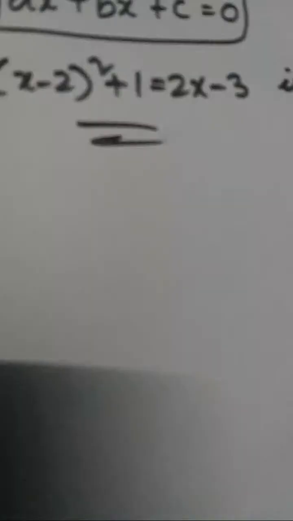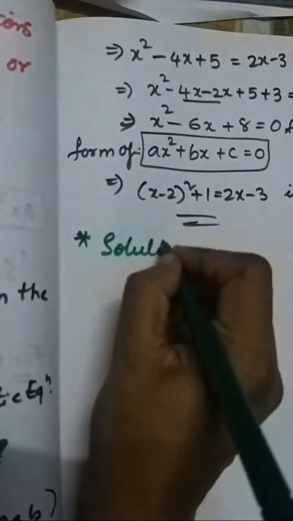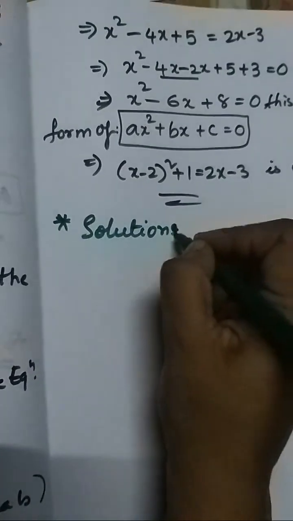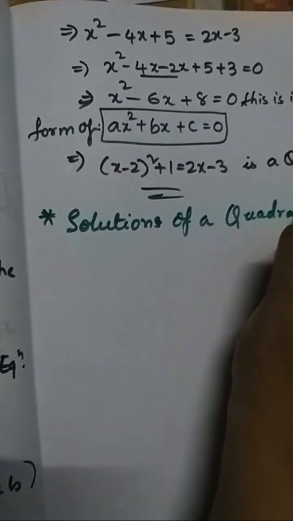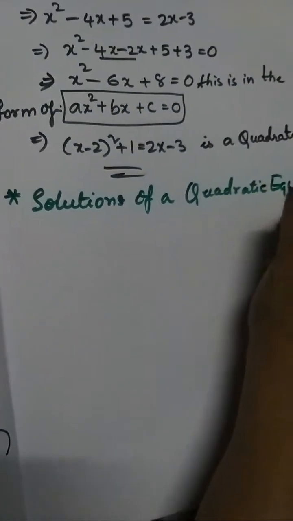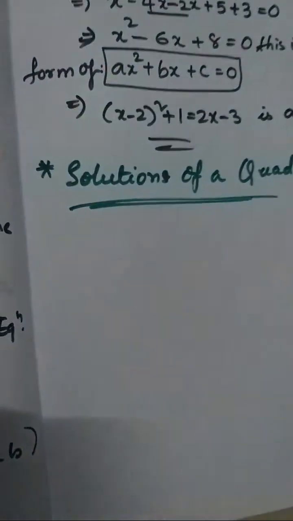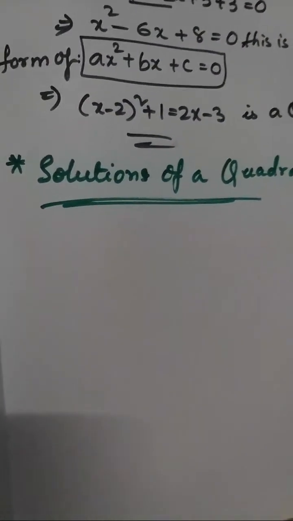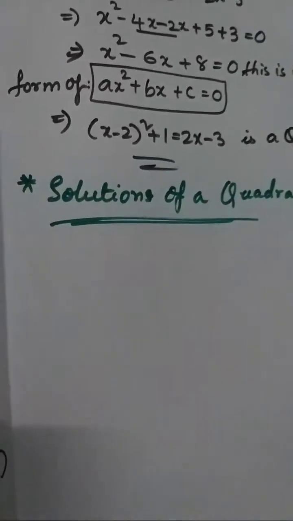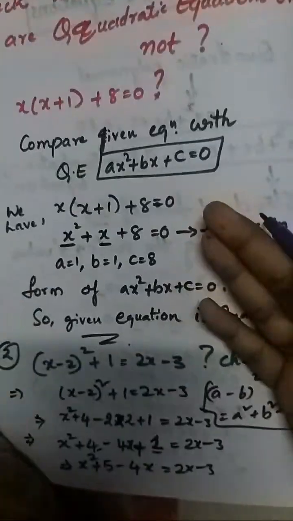Please watch the complete video. Okay, how to find the solution of a quadratic equation. Solution of a quadratic equation. Basically we have learned this topic in last classes, so you know what a quadratic equation is from these examples.